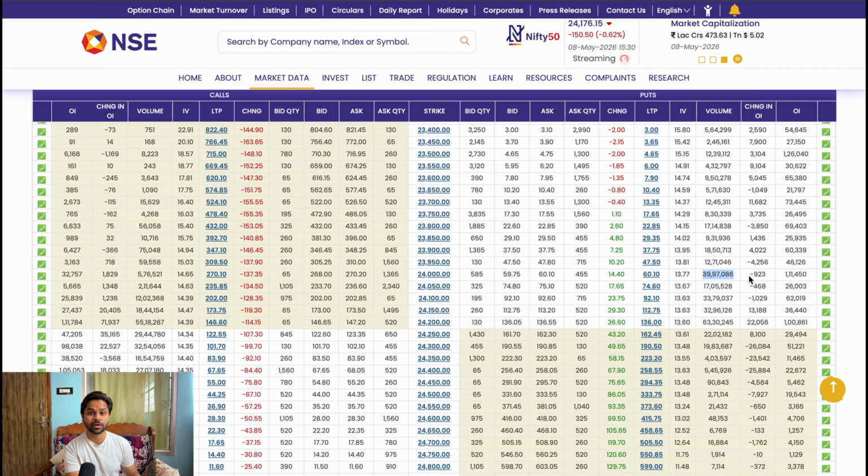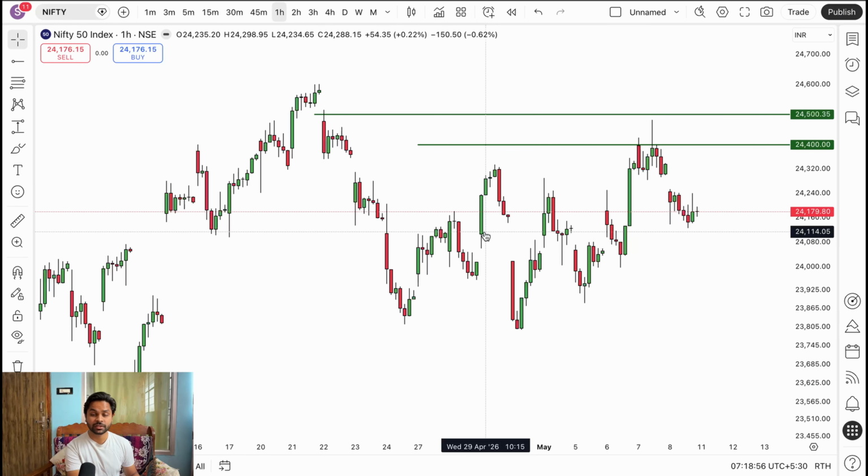So people have covered their put shorts at 1,11,000, and they have added 22,000 contracts at 24,200, which is standing at 1 lakh contracts of open interest. So we have found that 24,200 to 24,000 is the support zone.